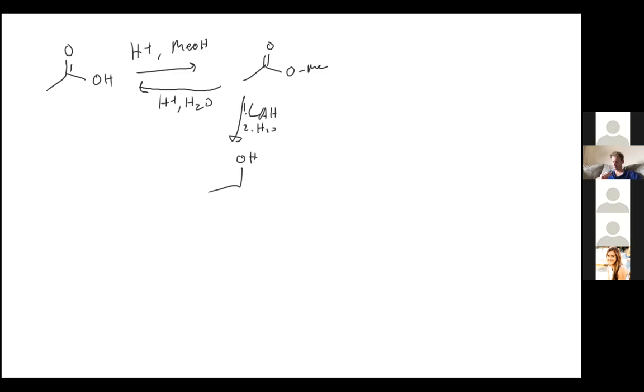There's another reagent I didn't really talk about much. It's called DIBAL. You take an ester to it, it lets you make an aldehyde. You might see it in the homework. It's a little bit of a softer reducing agent.